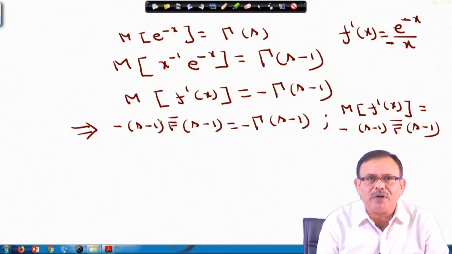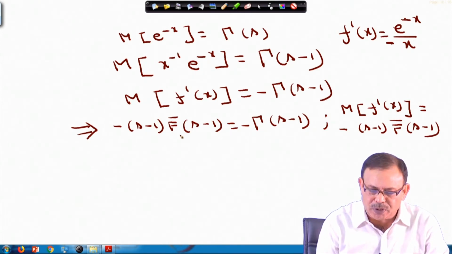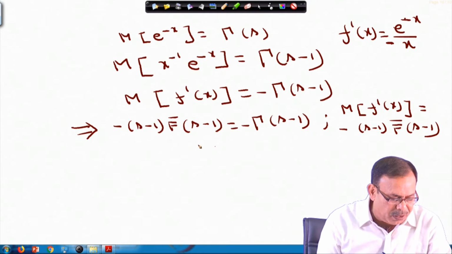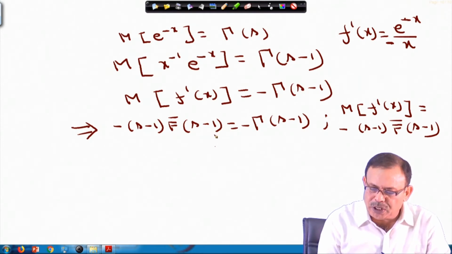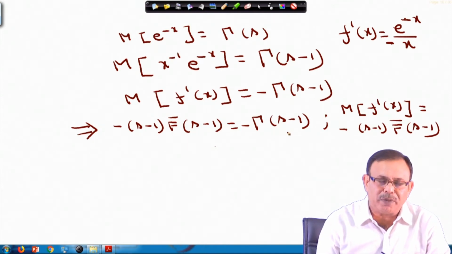I am just writing this in case you have forgotten. So, from here, the Mellin transform of f dash x equals minus (s minus 1) into f bar (s minus 1), which equals minus gamma (s minus 1).